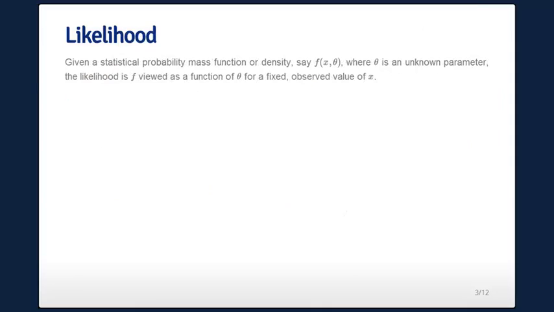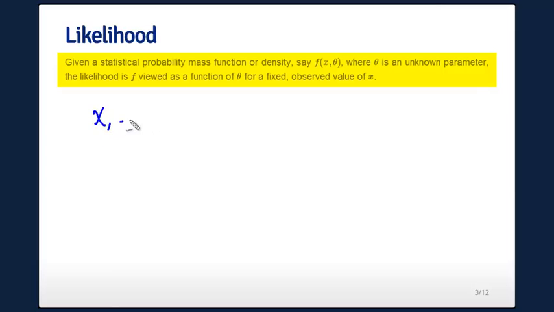So the likelihood, here's our definition. Given a statistical probability mass function or density, f of x theta, where theta is an unknown parameter, the likelihood is f viewed as a function of theta for fixed observed value of x. So what usually happens is we assume, say, x1 up to xn are IID from some distribution f, or density f, or mass function f, and that mass function depends on a parameter theta.